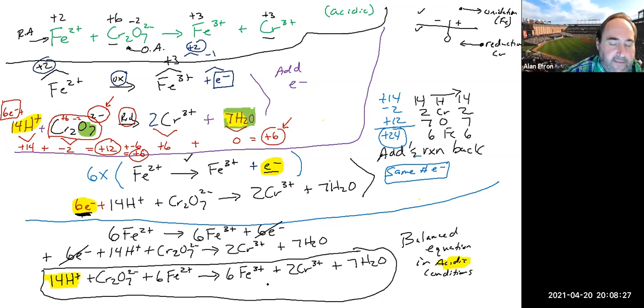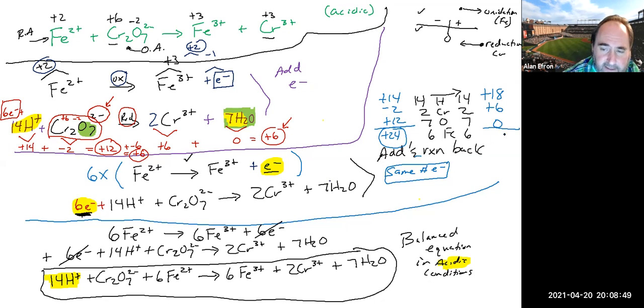Doing the exact same thing on the right-hand side of the arrow. 6 times plus 3 from the iron is plus 18. We also have 2 times plus 3 for the chromium, which is plus 6. Water is 0.